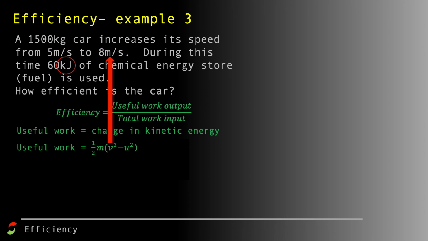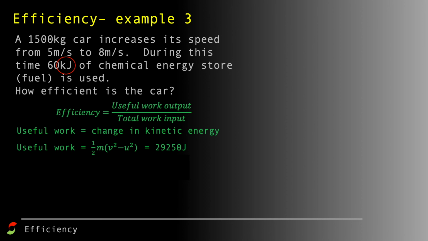So the v is going to be 8 meters per second, and the u is going to be that 5 meters per second, and it's a 1500 kilogram car. I'm going to plug that in and just check that for me. It's going to be 29,250 joules of useful work done.